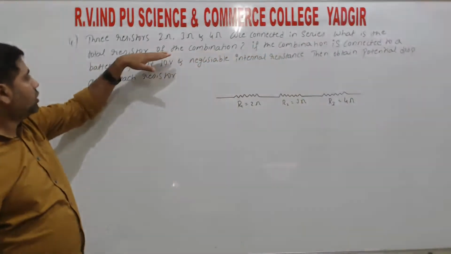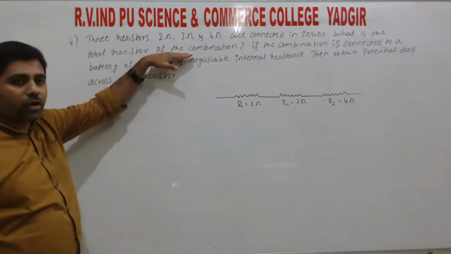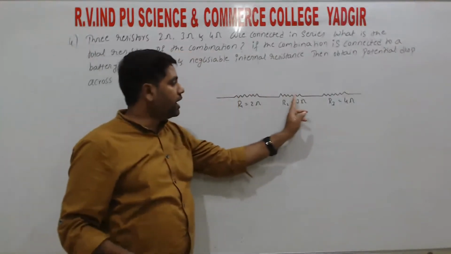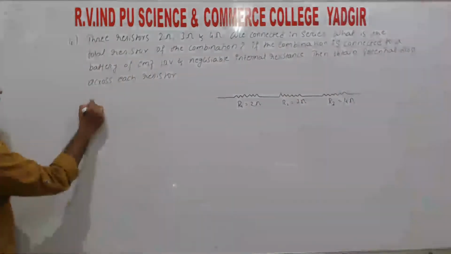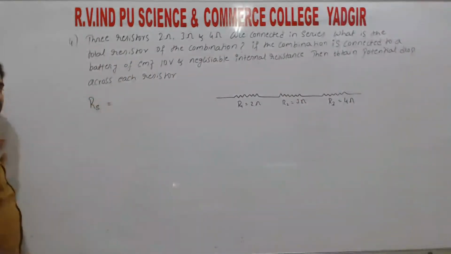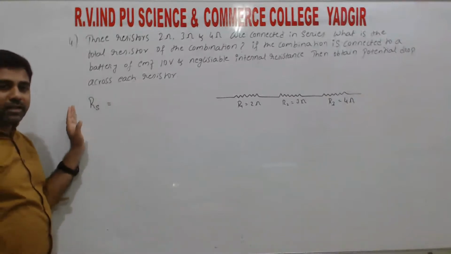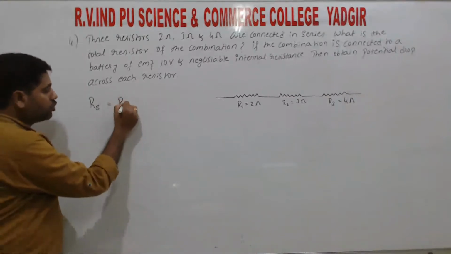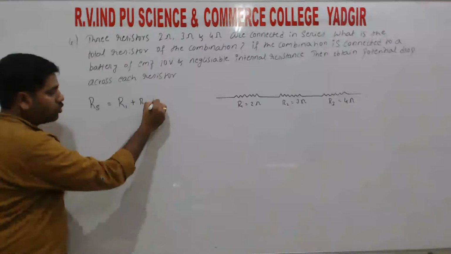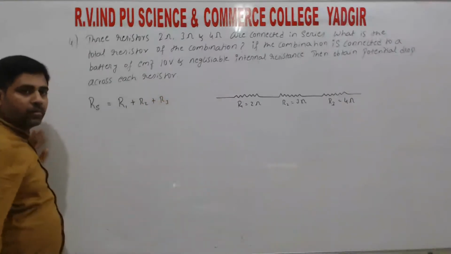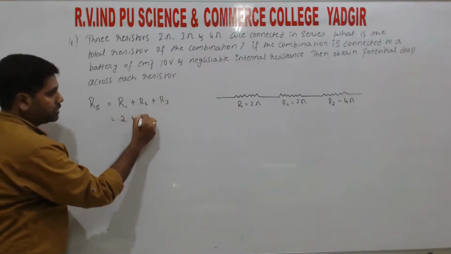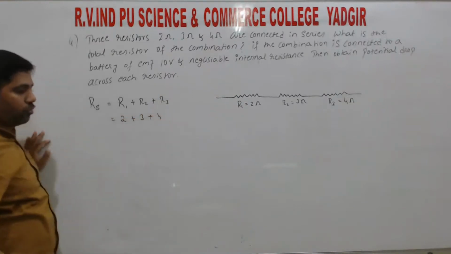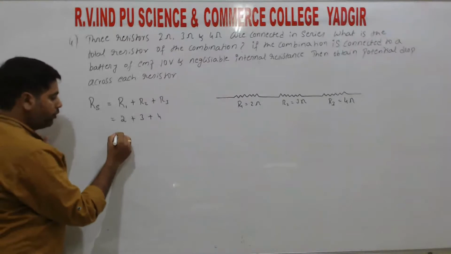So the first question is to find the total resistance of the combination. That means we are going to find the equivalent resistance of these three resistances. The equivalent resistance RS, that is the effective resistance, is equal to R1 plus R2 plus R3. So 2 plus 3 plus 4, 5 plus 4, 9.